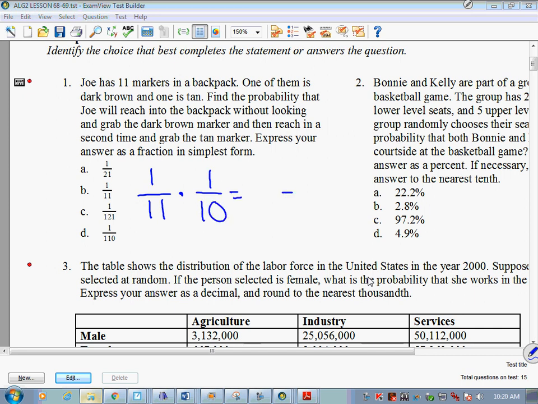And we're going to simplify that, so we're going to get 1 over 110. The second event is dependent upon what happens with the first event. Does that make sense? We get D as an answer. You guys are pretty good there.